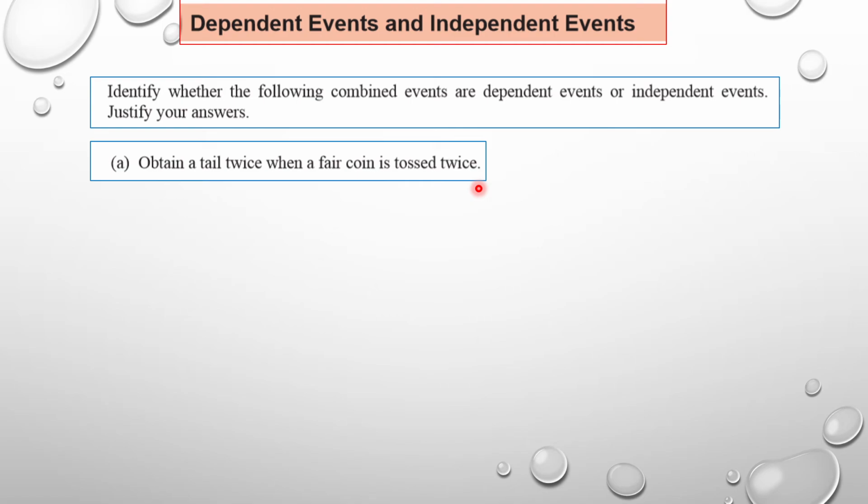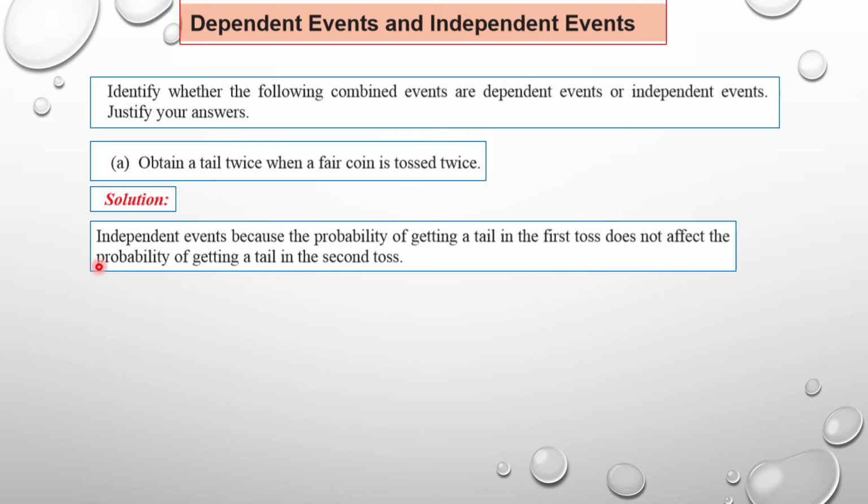Therefore, you can conclude that this is an independent event. Okay, so here independent events, because the probability of getting a tail in the first toss does not affect the probability of getting a tail in the second toss.